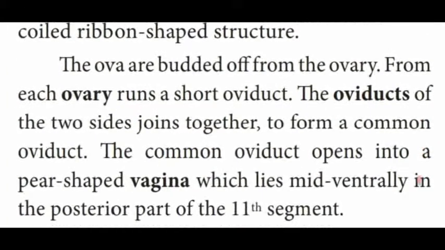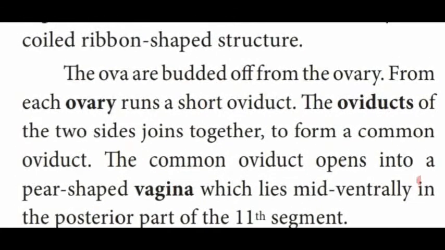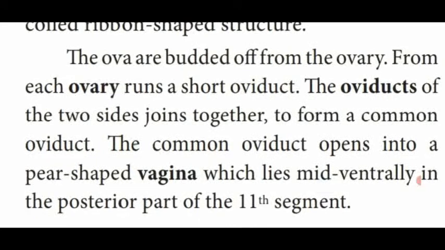This common oviduct opens into a region called the vagina, which is pear-shaped. This vagina is located in the mid-ventral region of the leech, that is, the posterior part of the 11th segment.